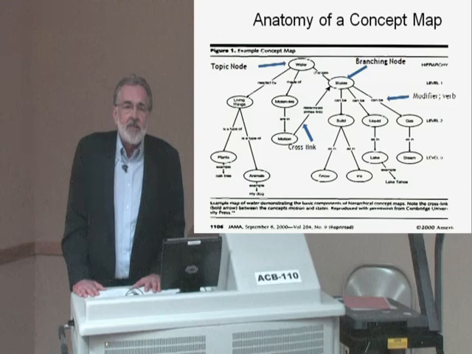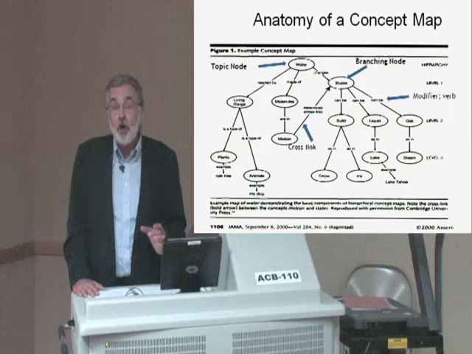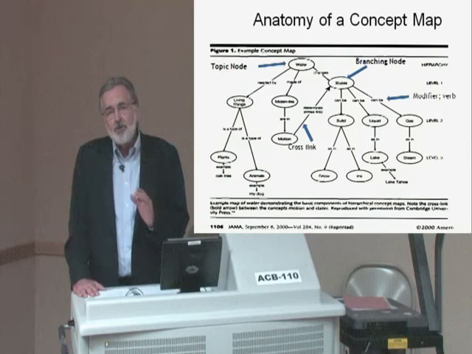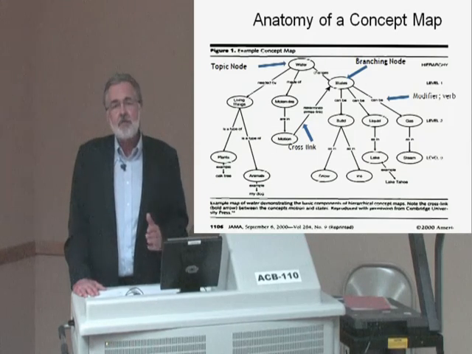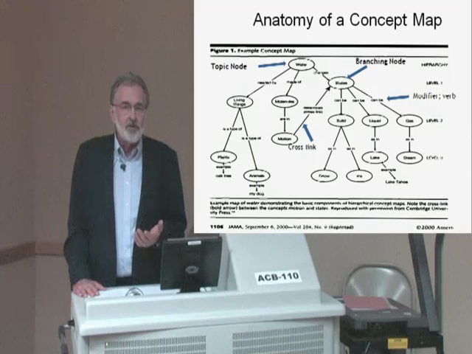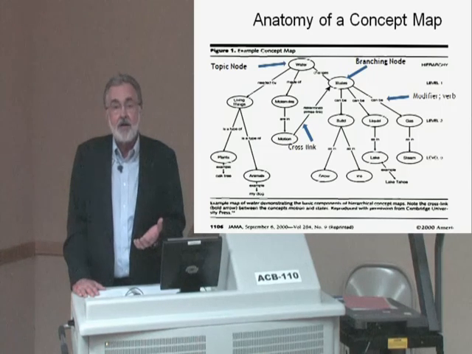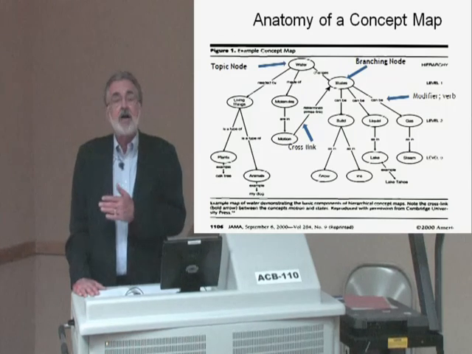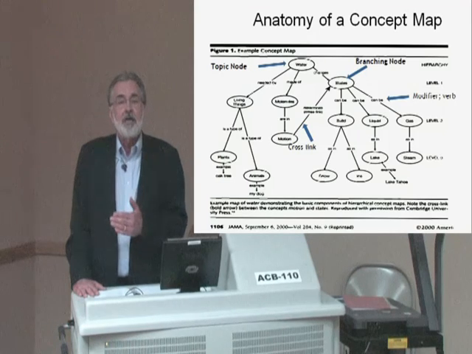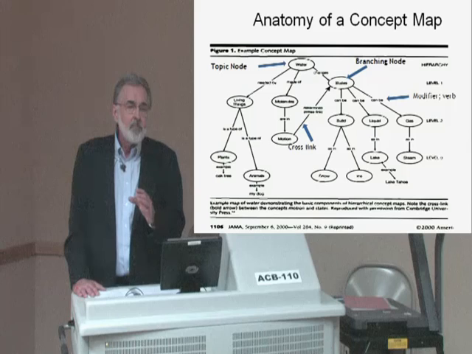But the term that's used in the education literature is nodes. So two nodes connected by a link essentially constitute a sentence. They're a fact. And I'll show this in another concept map later when I show you the different levels of concept mapping.